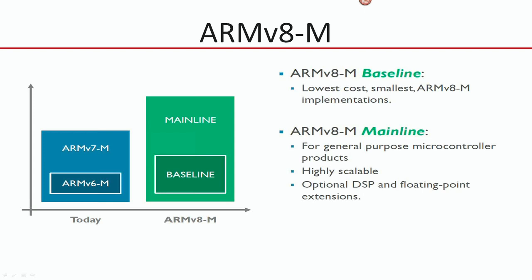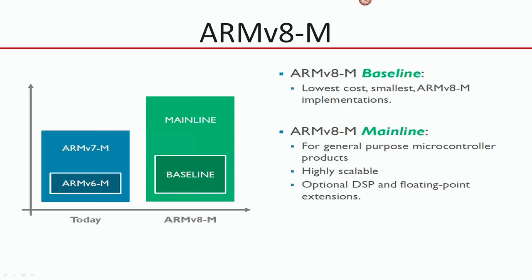The existing Cortex-M processors are basically split over two earlier ARM architectures, ARM v6-M, which covers the Cortex-M0 and M0+. So this supports the original Thumb 16-bit instruction set. And then the Cortex-M3, M4 and M7 are within the ARM v7 architecture, which provides the full Thumb-2 instruction set.